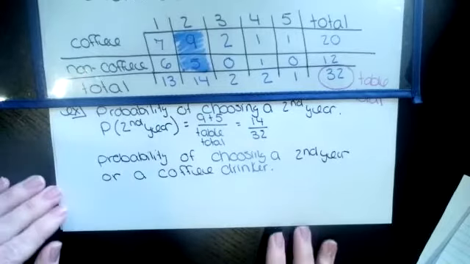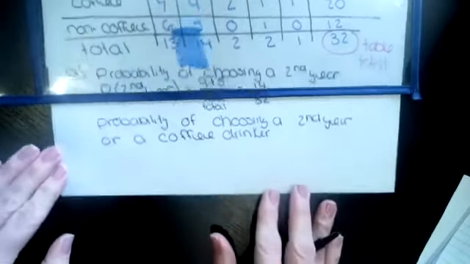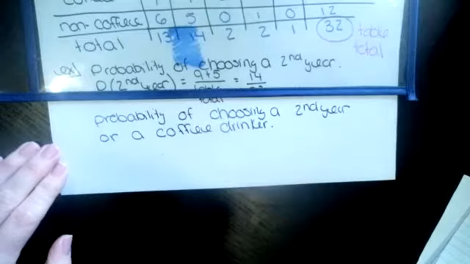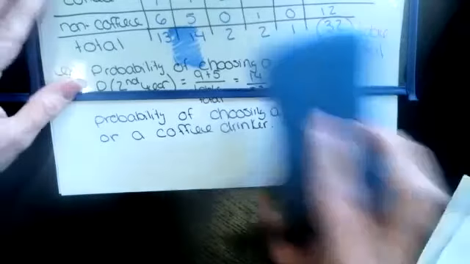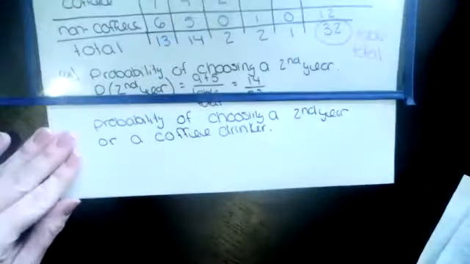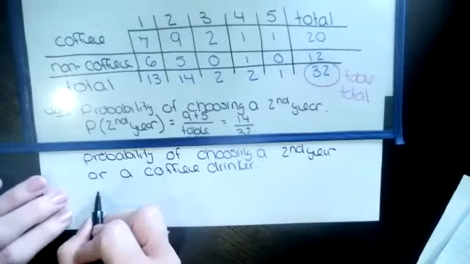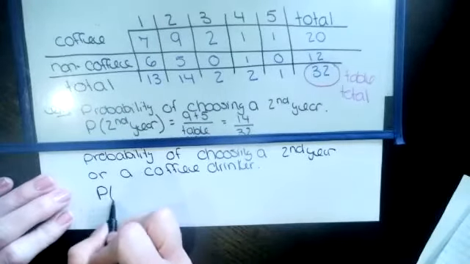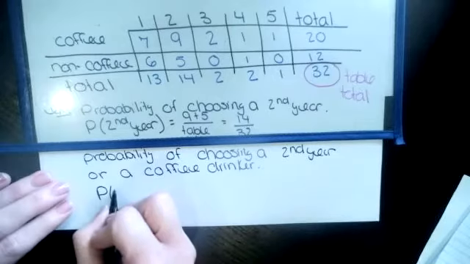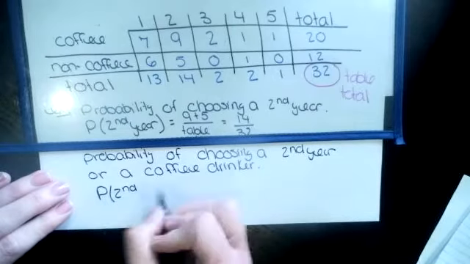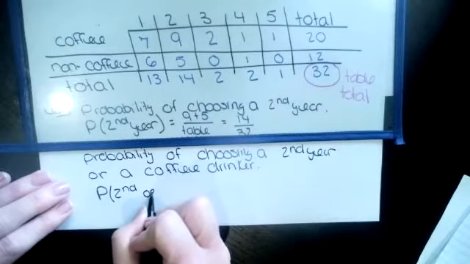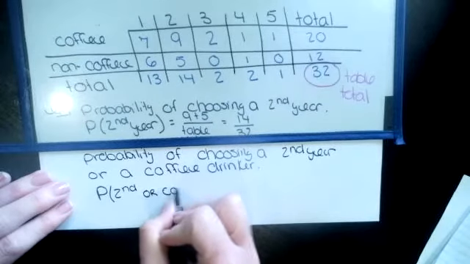Okay, so when I'm doing this, I'm going to write my notation out. So again, I'm going to erase this shading, pull the whole thing down. So again, here, I'm going to write my notation. So I'm looking at the probability, and I'm just going to fill it in. Second year student, and I'm just going to actually write the word or coffee drinker.